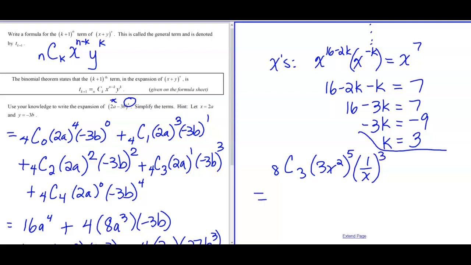Then I'm not going to make it equal to ax to the 7th here. I want to make sure I get the 7th. So that's 8 times 7 times 6. 8 and 7 is 56. What's that? 81 times 3 is 243.